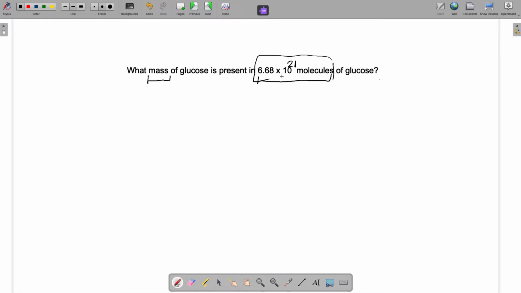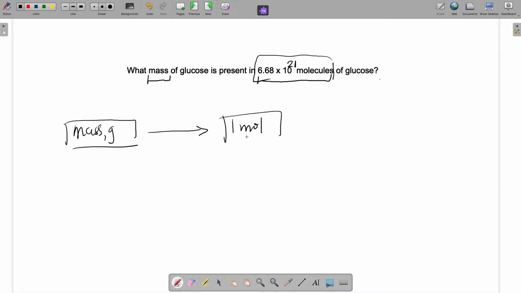To solve such a problem, you have to recall the relationship between mass, moles, and molecules. So I'll write a relationship here: mass in grams is connected to 1 mole, and 1 mole is connected to molecules.